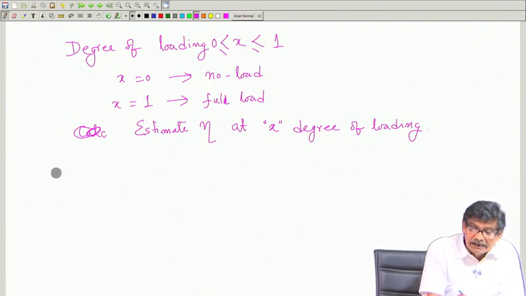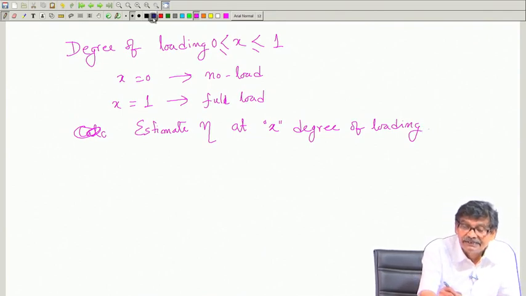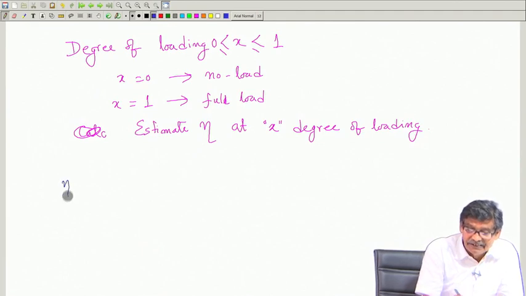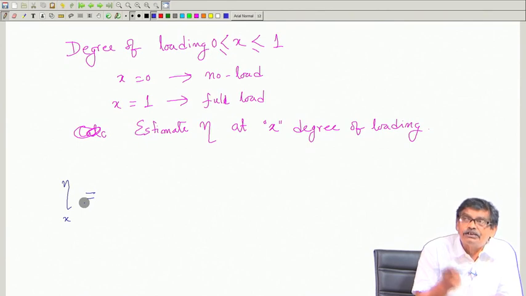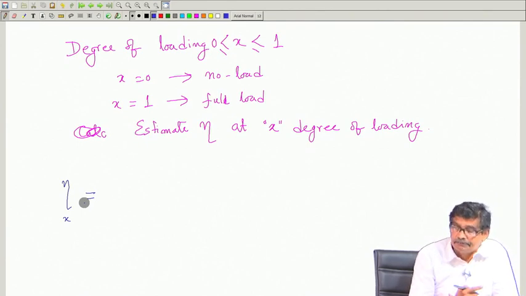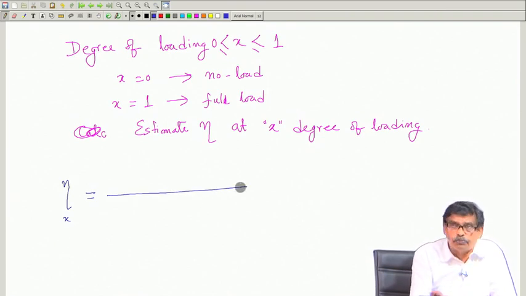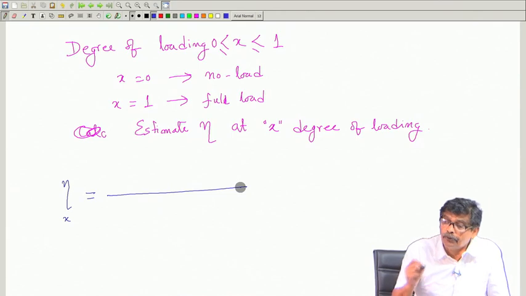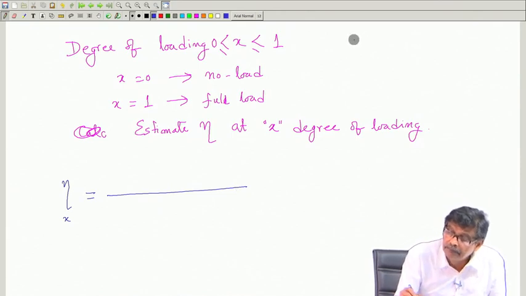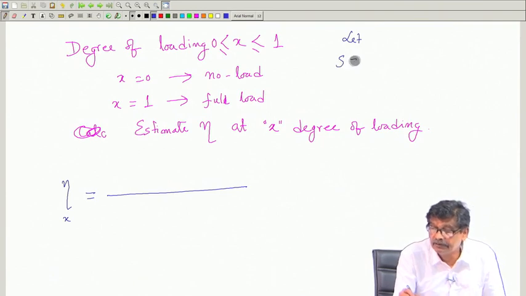I will write eta_x; x equal to 1 corresponds to the full load efficiency. Now, the output: let S be the rated kVA of the transformer.